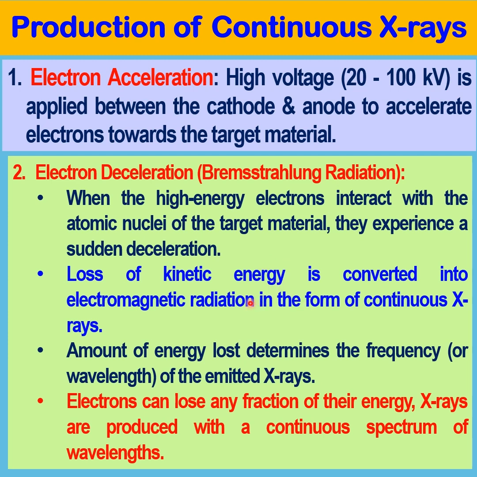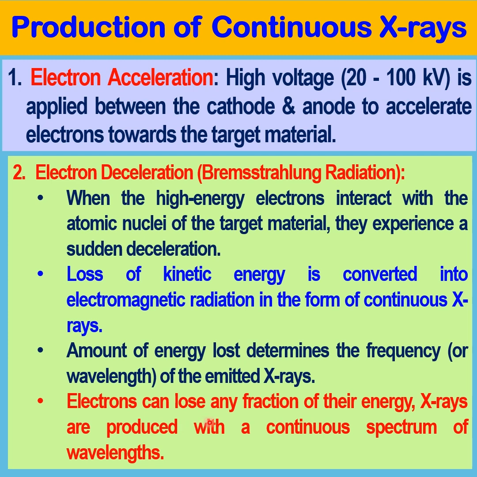That electromagnetic radiation spectrum lies in the X-ray wavelength region. The amount of energy lost determines the frequency of the emitted X-rays. So how much energy these highly accelerated electrons lose determines the X-ray wavelength, or the frequency of the X-rays.